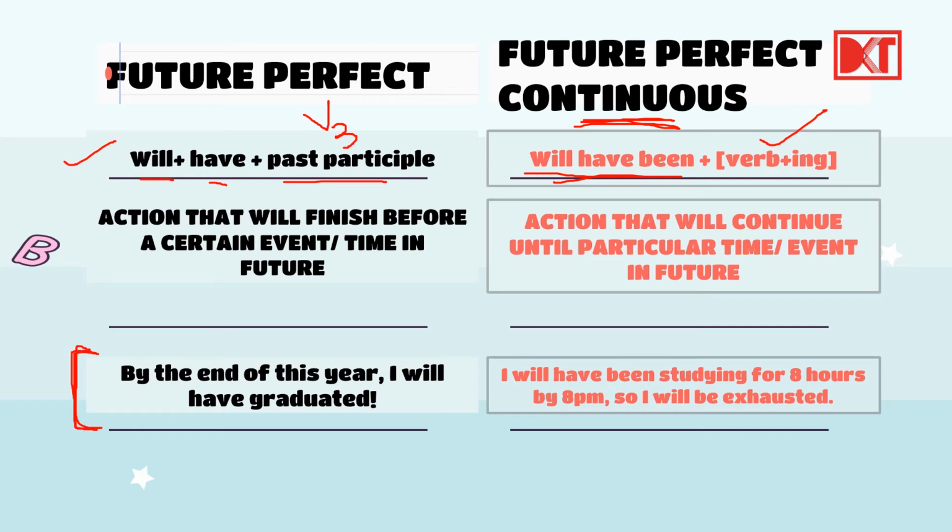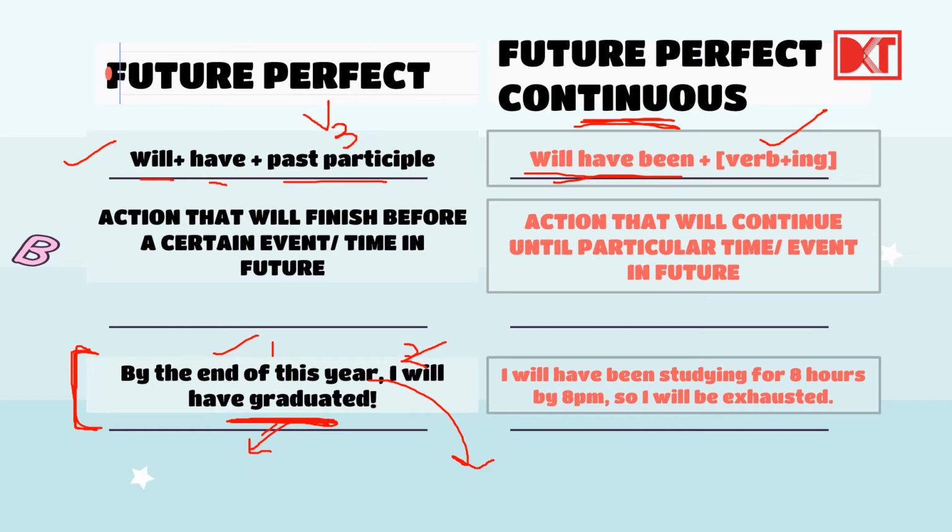Now, end of the year, and I will have graduated. First action, second action. Which action will take place first? First, I will graduate. Okay, this will happen first, and then by the end of this year, this will happen next. Okay, so I know my graduation will happen before the end of the year.